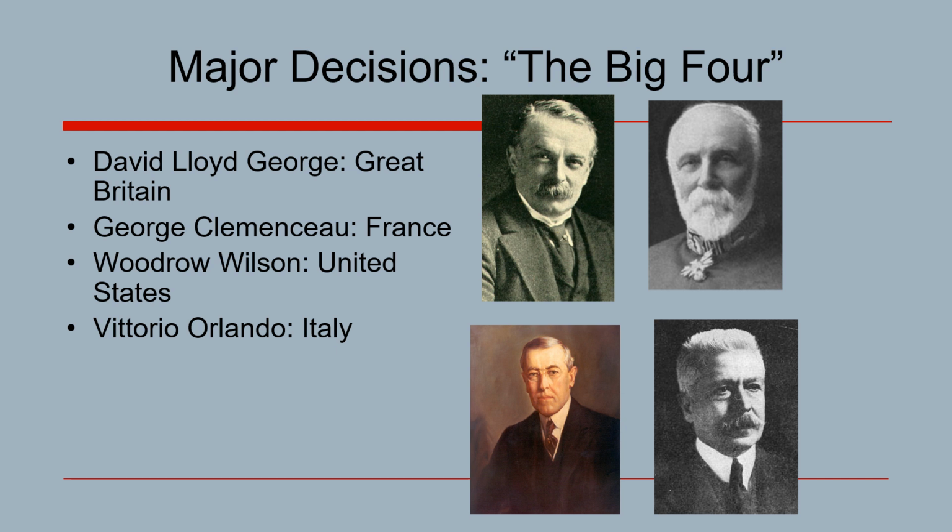Also, Great Britain is interested in German debt and making sure that the war debt owed to the Allies is paid by Germany. Italy is interested in land, specifically along the Adriatic coast, and Italy does not get as much land as it feels it was promised or it deserves. And so that's why they're going to leave the conference early.